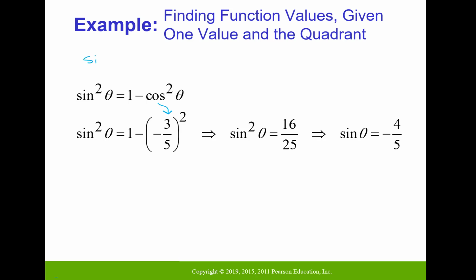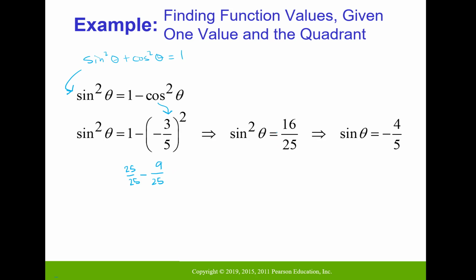So it's still the identity sine squared theta plus cosine squared theta is equal to 1. But if we just subtract cosine squared from both sides, then we have this format where we can solve for sine squared. So plugging in cosine, we know that's negative 3/5, and squaring that, you get 9/25, and then 1 minus that, so as the common denominator, that would be 25/25 minus 9/25.